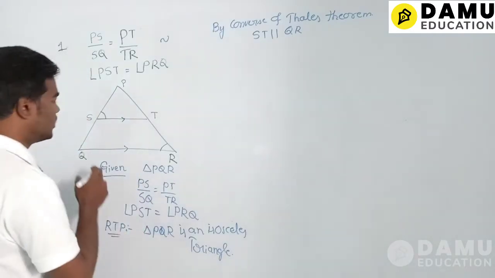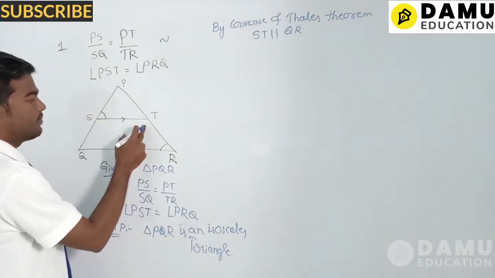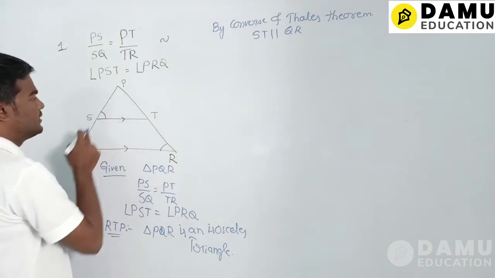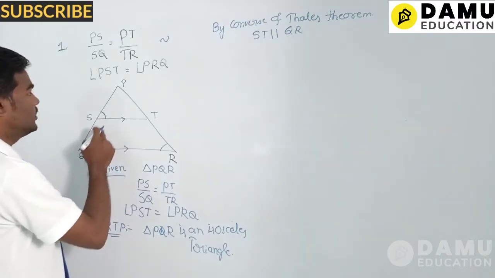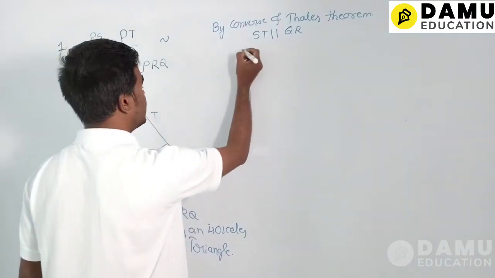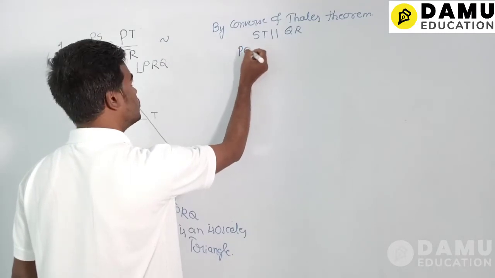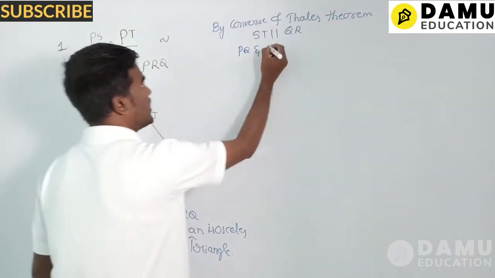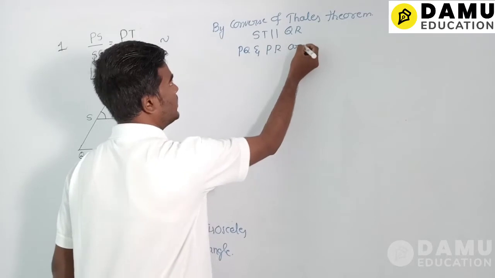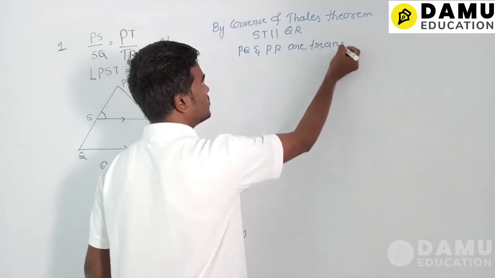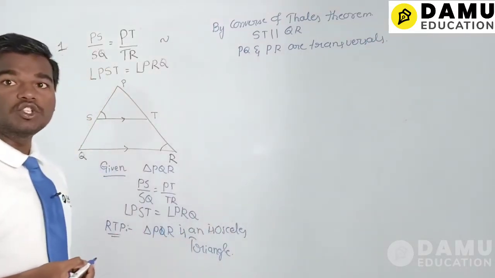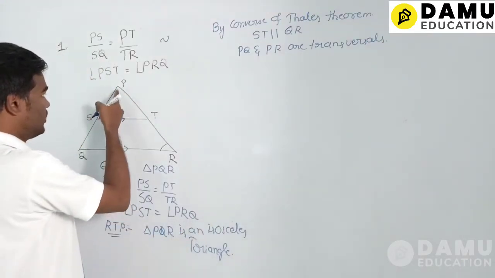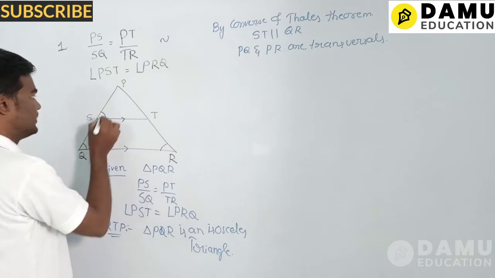So, ST and QR are parallel, then PQ and PR are acting as transversals. Then these two angles are equal.